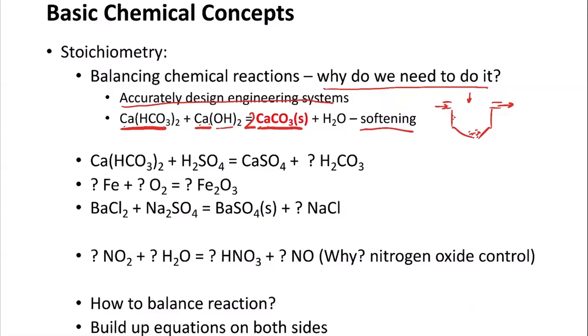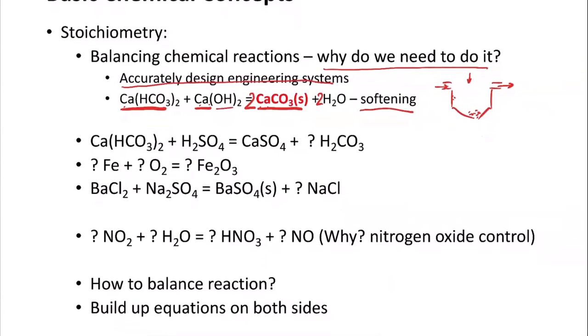If you look at this reaction, you're going to form two calcium carbonate and two water, okay? Similarly, we can balance other types of reactions, and I think you can probably try to balance these reactions off the class.